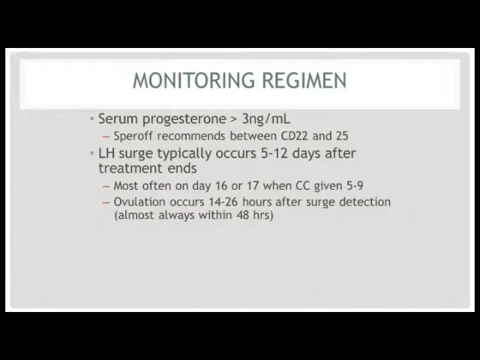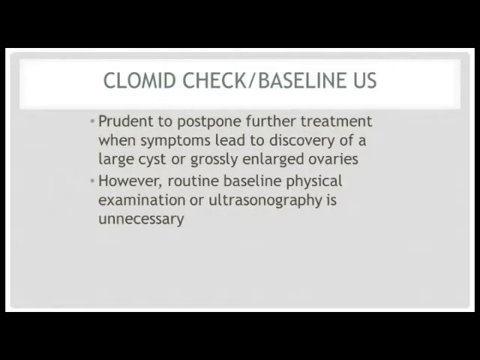Or, as we've already talked about, you can have them come in for a day 21 progesterone and see if it's greater than 3. That basically finds out, did it work? Did it make you ovulate? Did you make an egg that month?